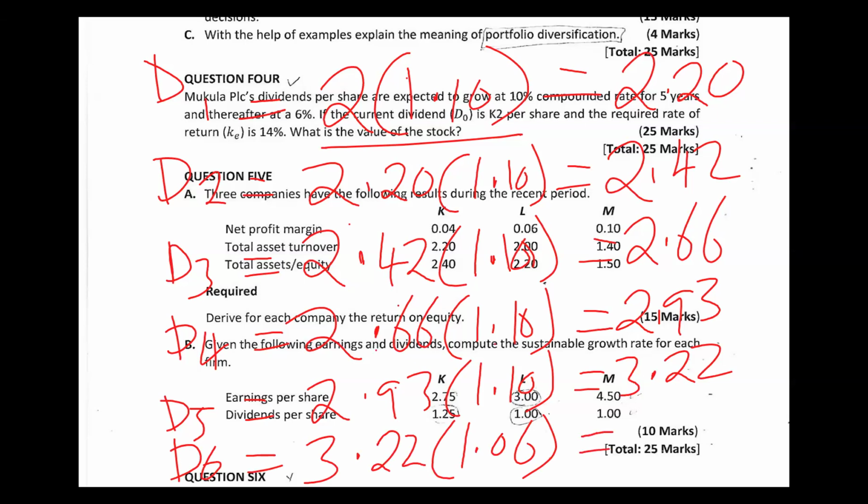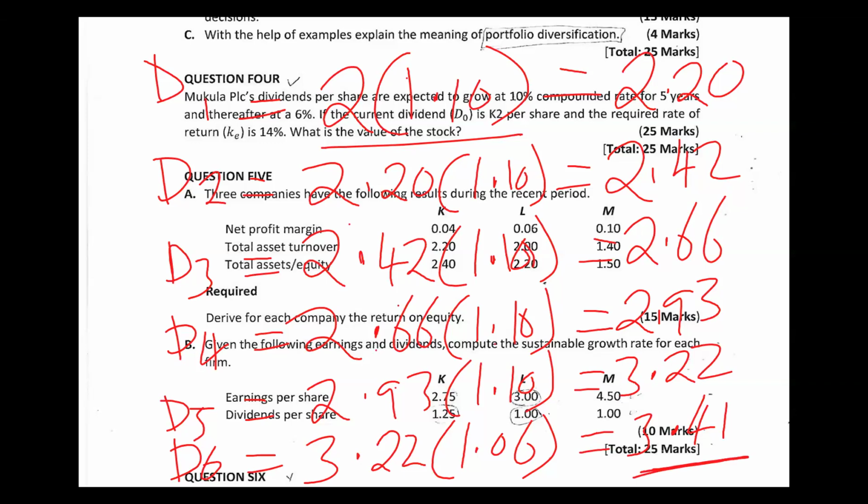What's the future value? 3.41. Everyone finding the same? Just like that, 3.41.